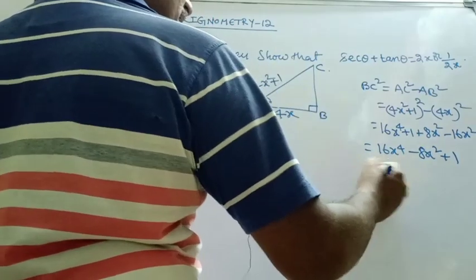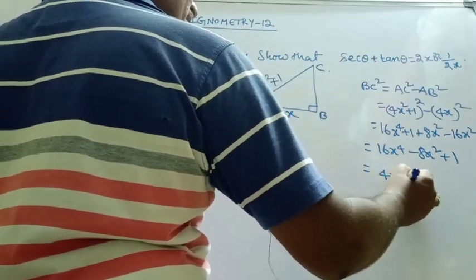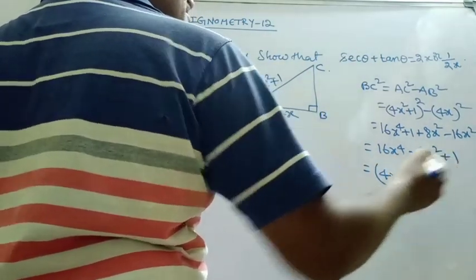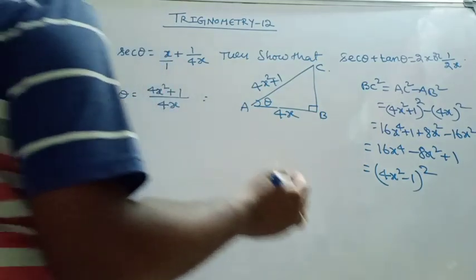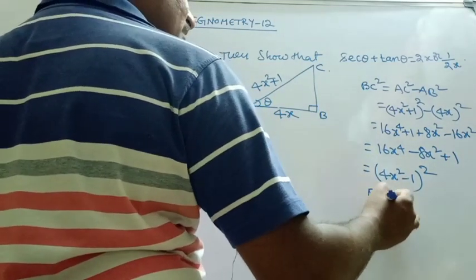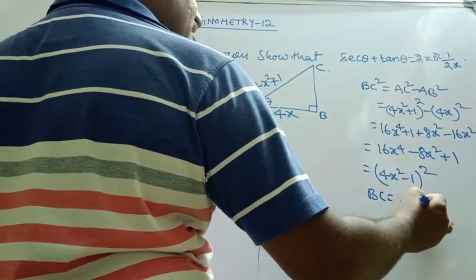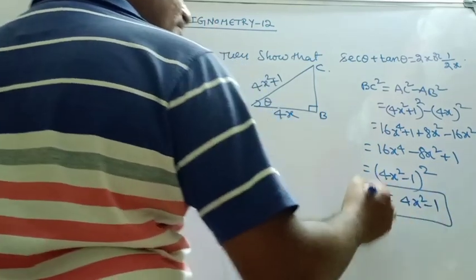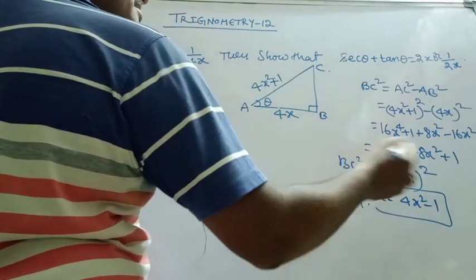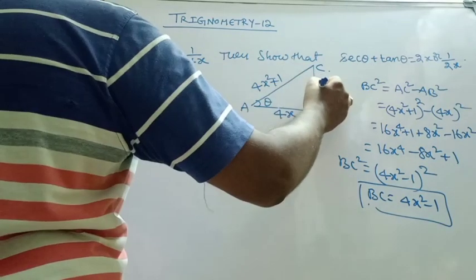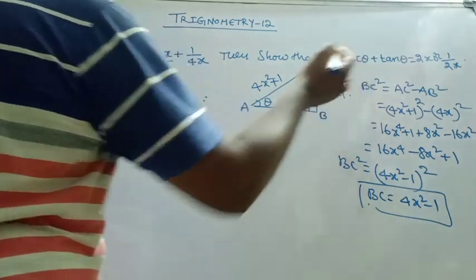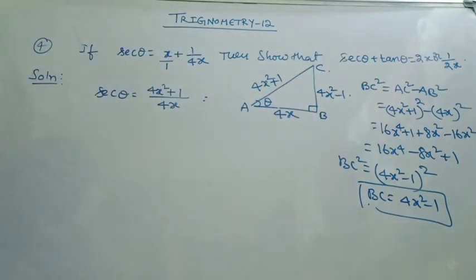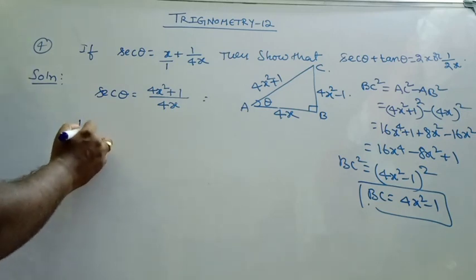And this you can write as 4x square minus 1 whole square, right? Of course then BC square is this, which means BC you are going to get 4x square minus 1. Wonderful.